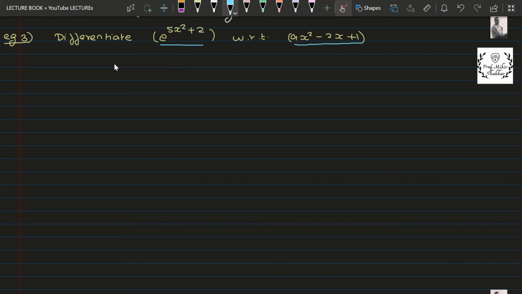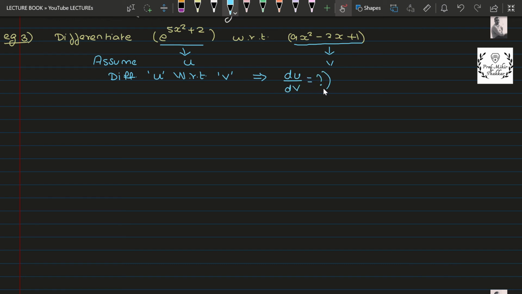So what I do is I assume the first function as u and the second function as v. So the question changes to differentiate u with respect to v, and we know that derivative of u with respect to v is just du by dv.